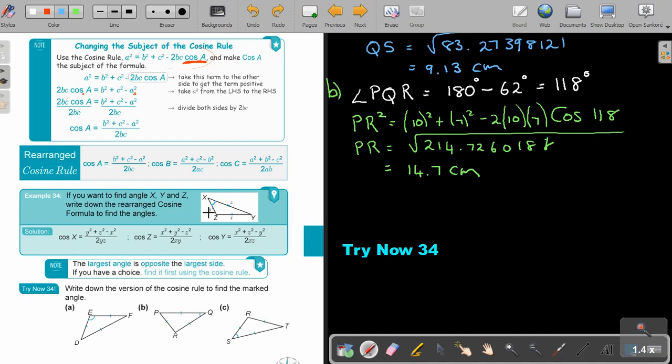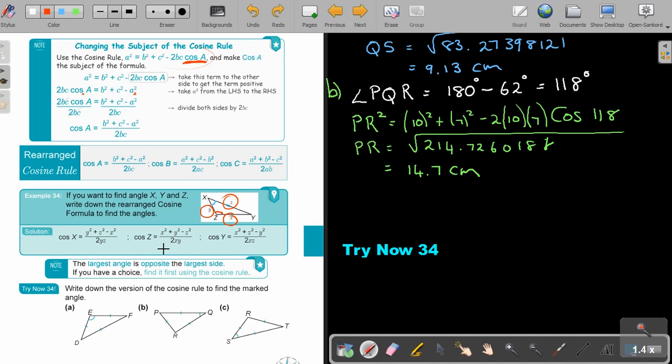So it's y squared plus z squared minus x squared, divided by 2yz. If you want to find this angle, z, then it's this square plus this square minus that square, divided by the 2 that you were adding, which you multiply at the bottom, but don't square it then.